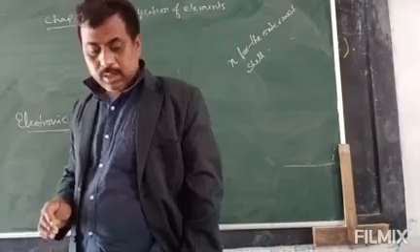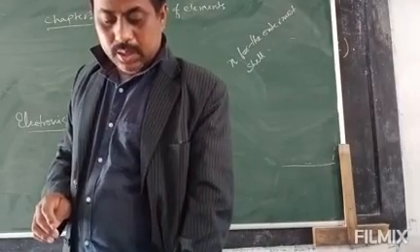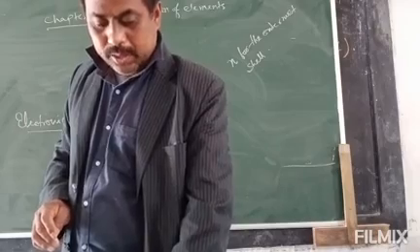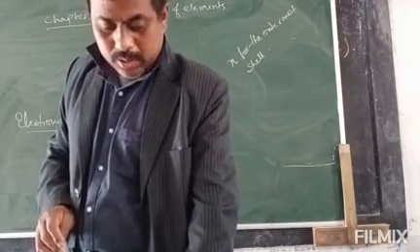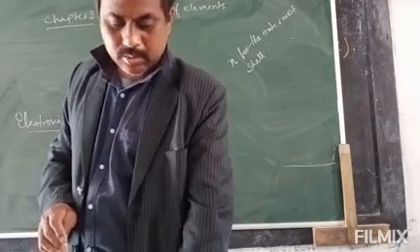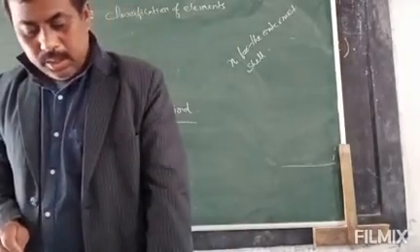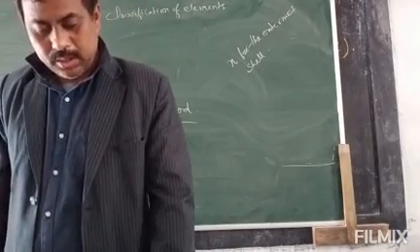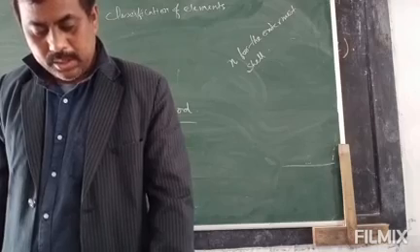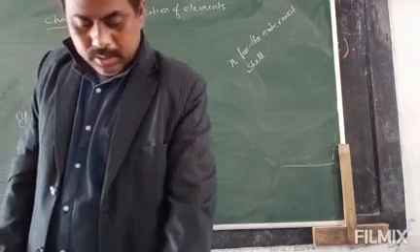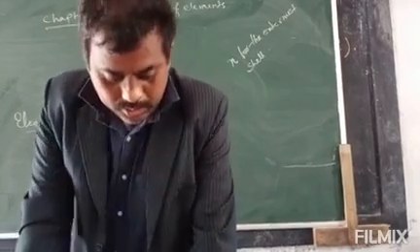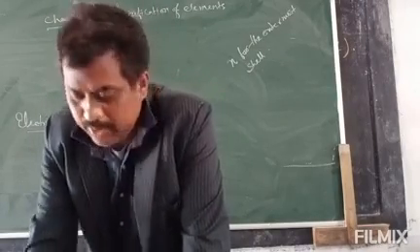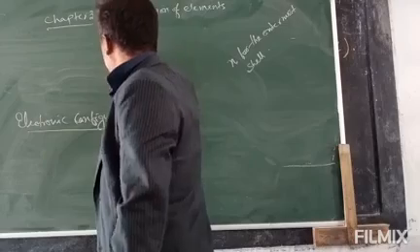It can be readily seen that the number of elements in each period is twice the number of atomic orbitals available in the energy level that is being filled. Suppose the first period, that means n equals 1.